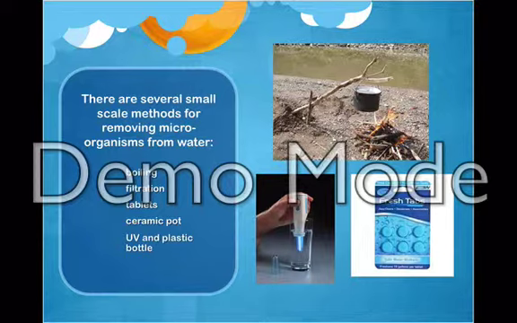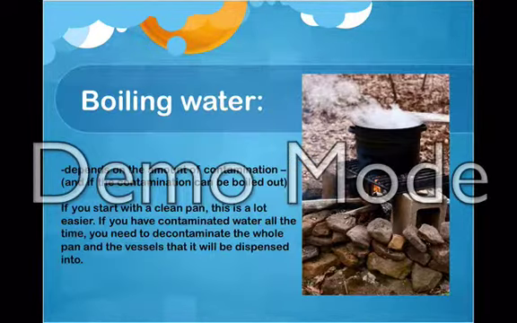And then also there are things that we won't be experimenting with in this workshop, but other uses around the world include UV radiation for water treatment, and also the use of a ceramic pot that pulls potential contaminants out of the water through, I believe, osmosis.